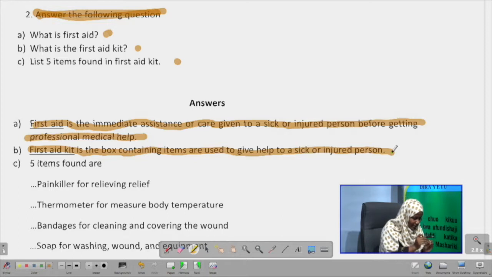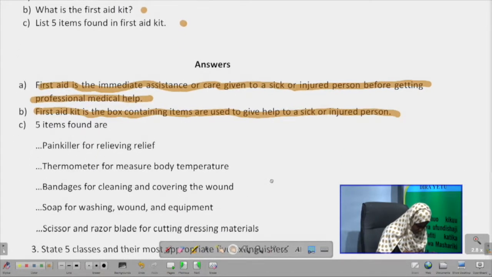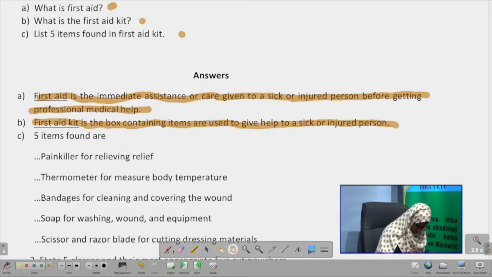So letter C says list 5 items found in the first aid kit. I have listed here 5 of them. The first is painkillers. In a first aid box, you're going to find some painkillers, maybe paracetamol, Panadol.